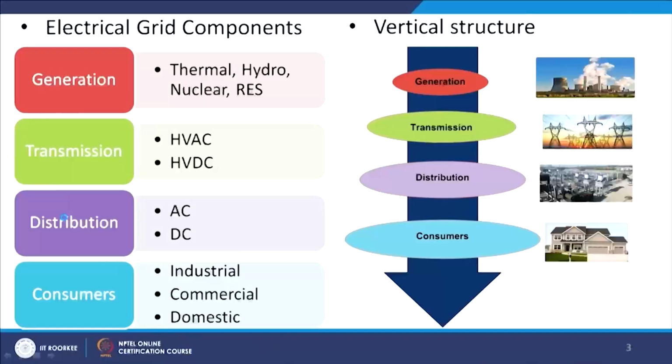The electrical energy grid structure is historically vertical in nature, that is, the energy is produced at generation points or generator stations, then transmitted through transmission lines and distribution lines, and reaches the consumers.